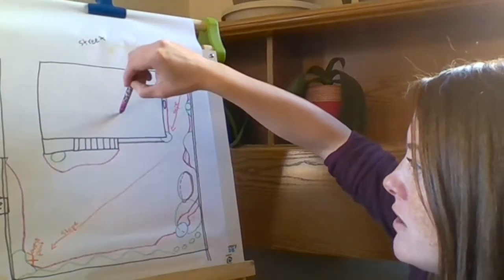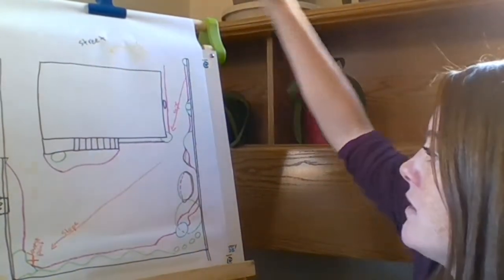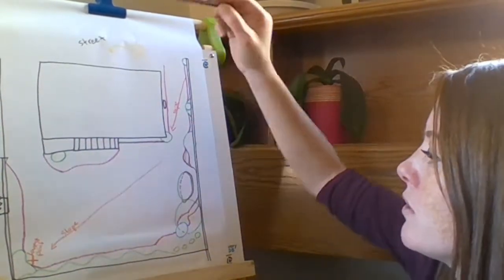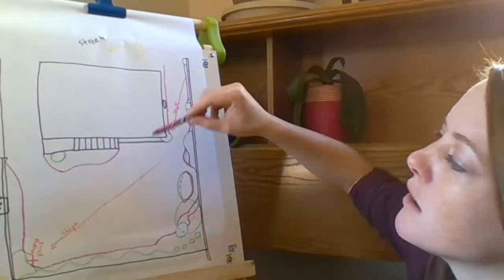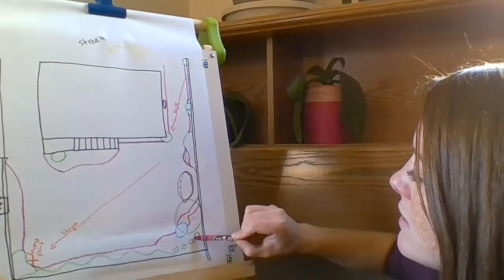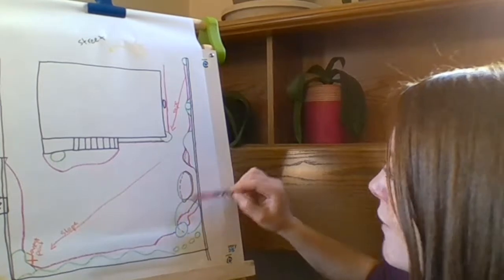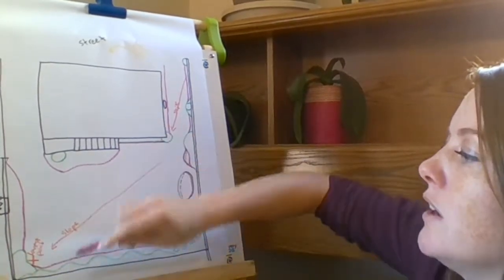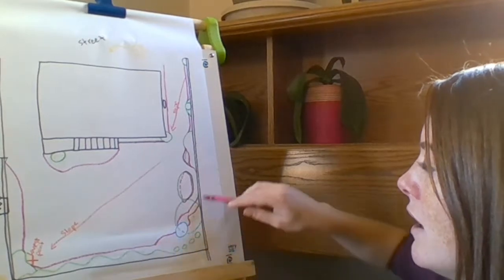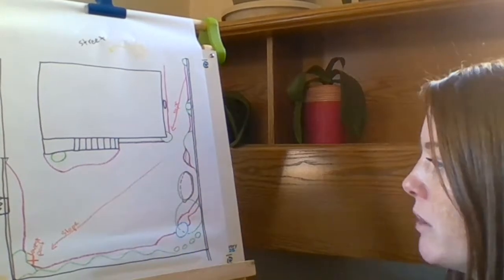Again, structures, sunlight, utilities, slope, lowest point, existing plants, water feature, paths, and then go in and draw out some preliminary lines of where you want your new beds to be.